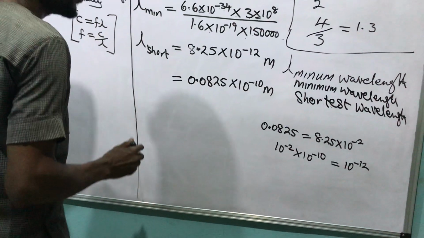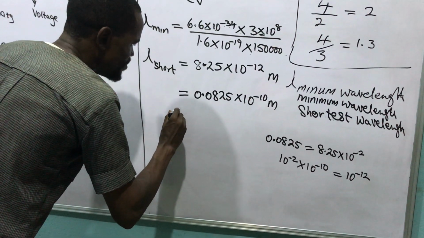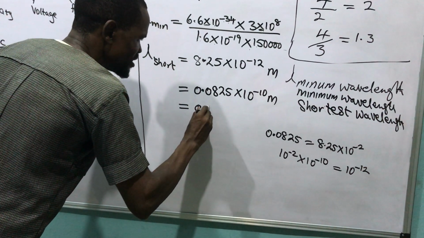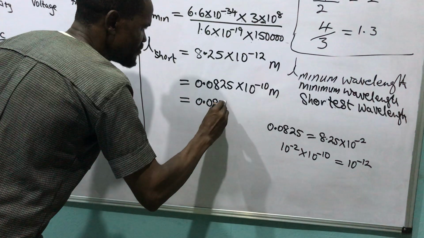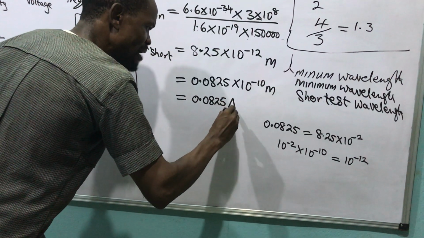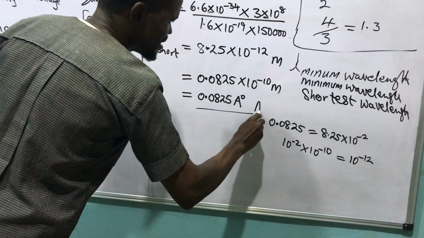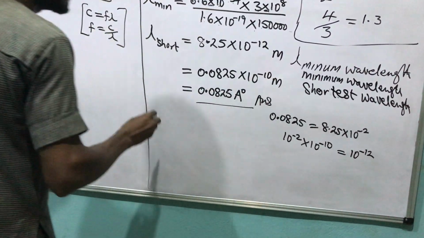So what I'm trying to do here is write this as 0.0825 Angstrom units. This becomes my answer.